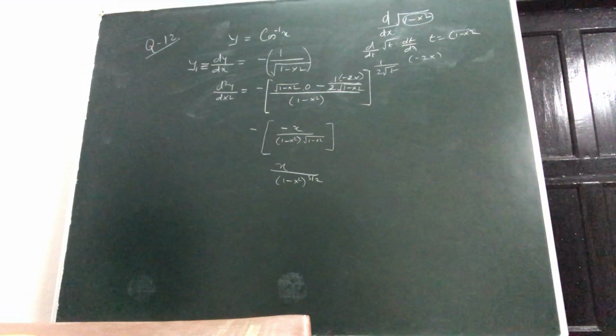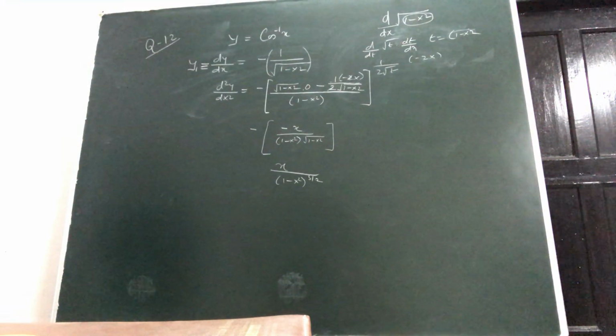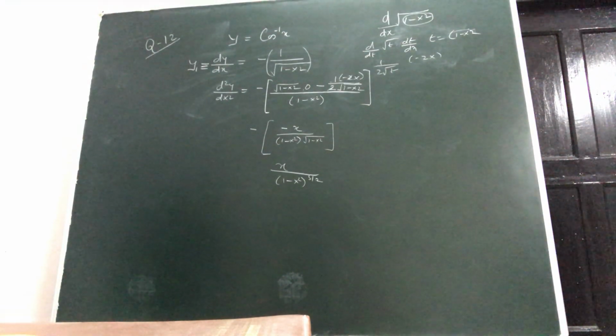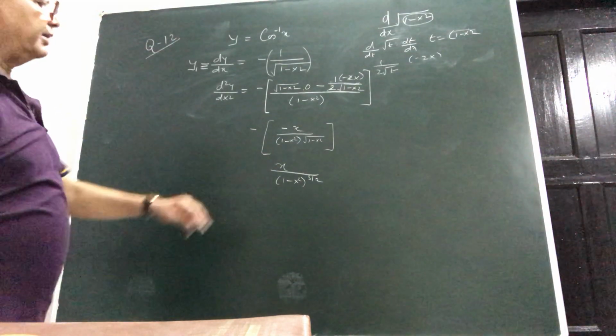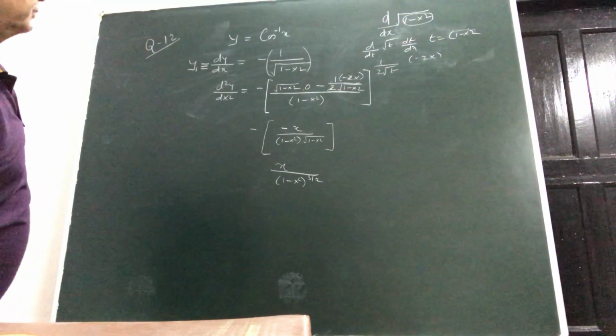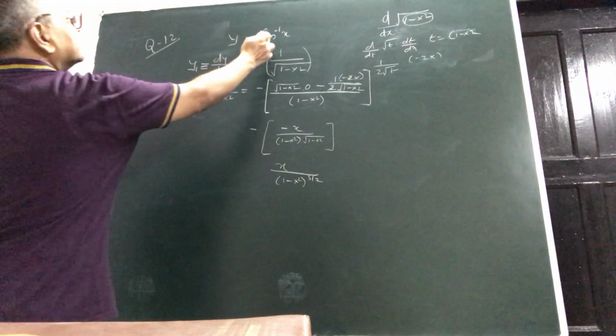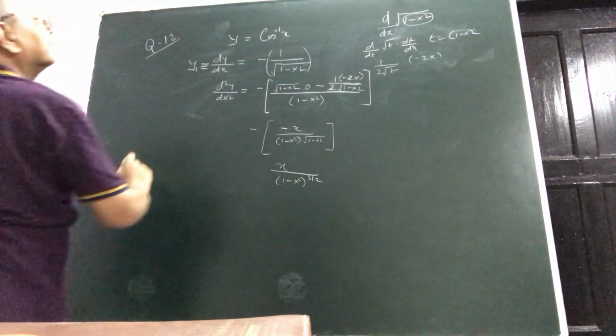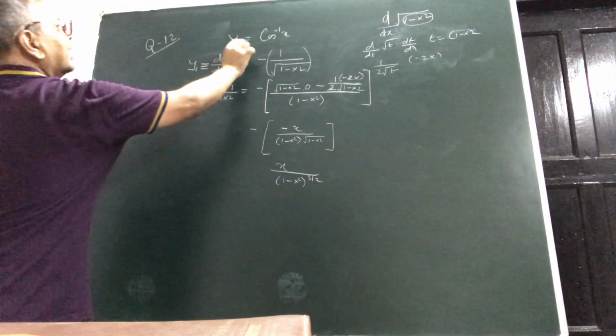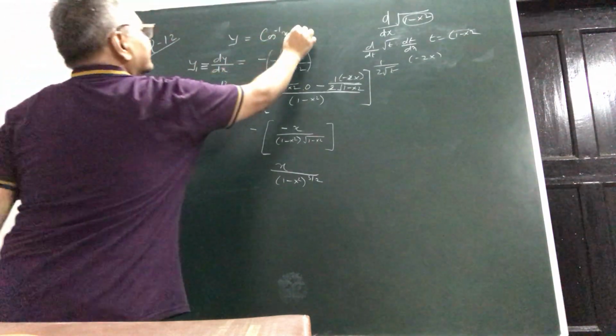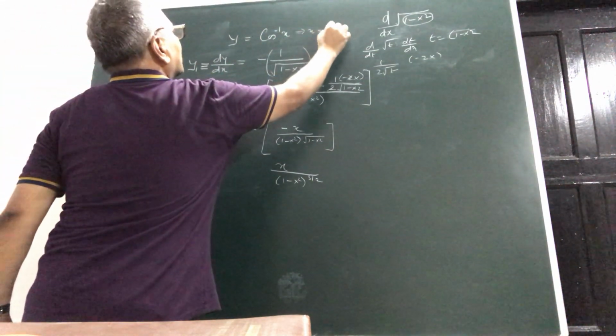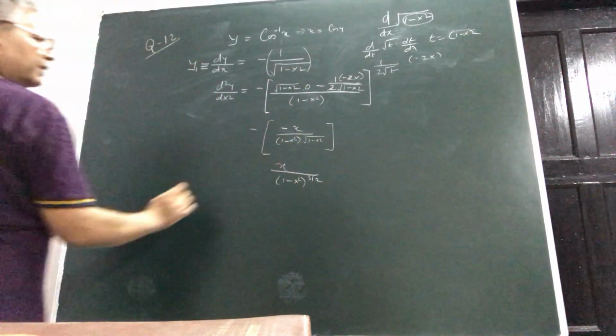Okay. So you want the answer in terms of y only. Fine. So let us see. Okay. So x is what? See, x will be cos y. Please see from here, y is equal to cos inverse x. This implies x is equal to cos of y. So here put the value of x.